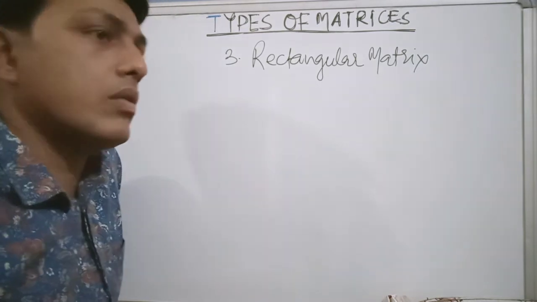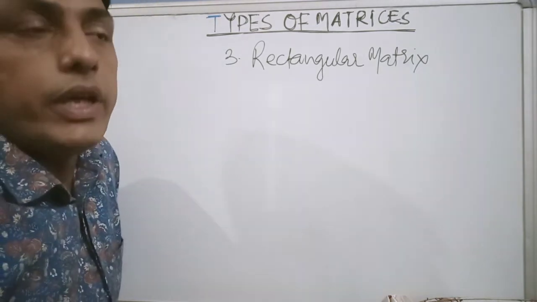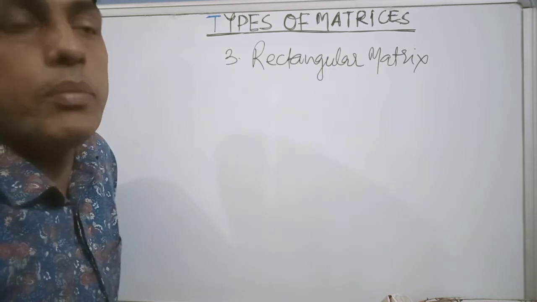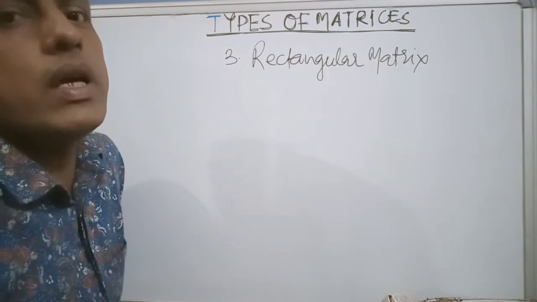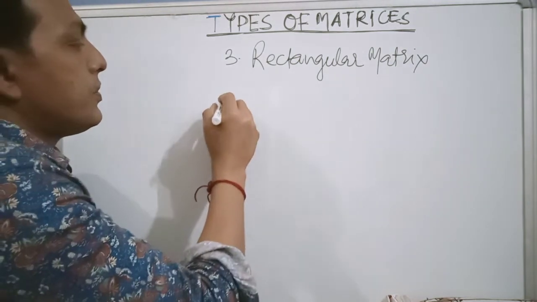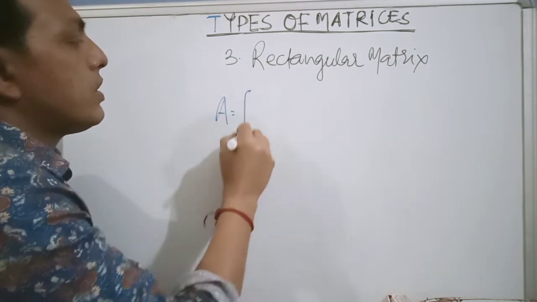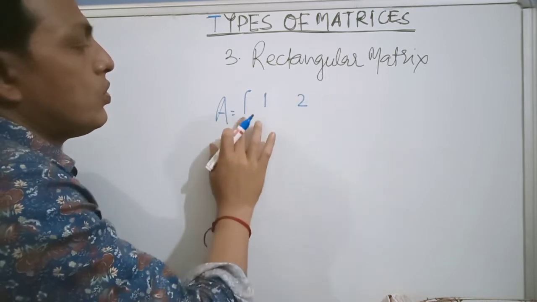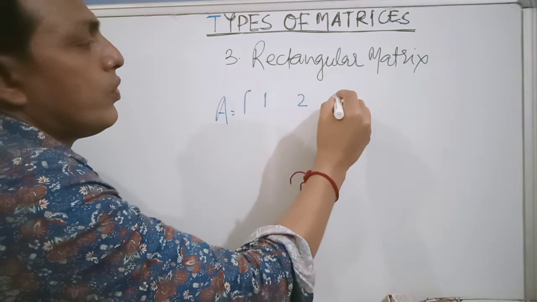Rectangle means obviously length and breadth. Here length is like row and breadth is like column. See the example number 1. 1, 2, 4.